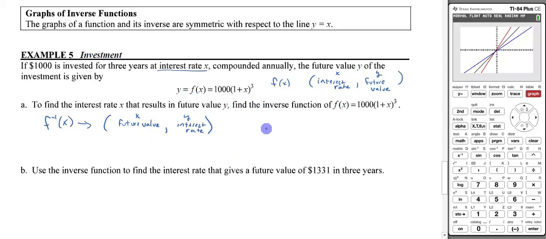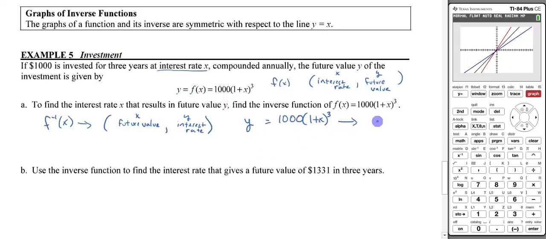So let's go ahead and find the inverse of this function. f of x equals 1,000 times 1 plus x quantity cubed. We first dispense with the function notation.